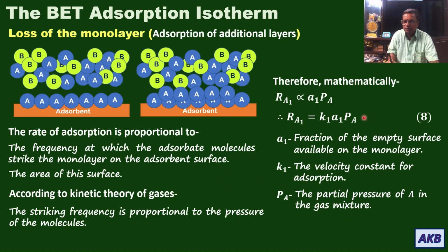Equation 8 gives us the rate of adsorption on the monolayer, which results in the loss of the monolayer that was originally present on the surface of the adsorbent. So let us move ahead.